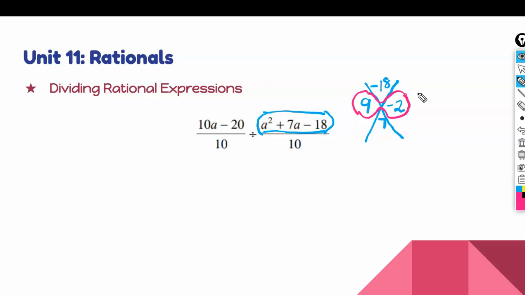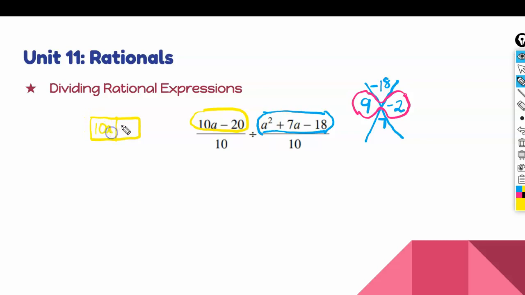All right? The other thing that we are going to have to factor, let me pick a different color. Let me do yellow. Is this thing, the 10a minus 20. Now, when we see 10a minus 20, it's not quite so complicated.